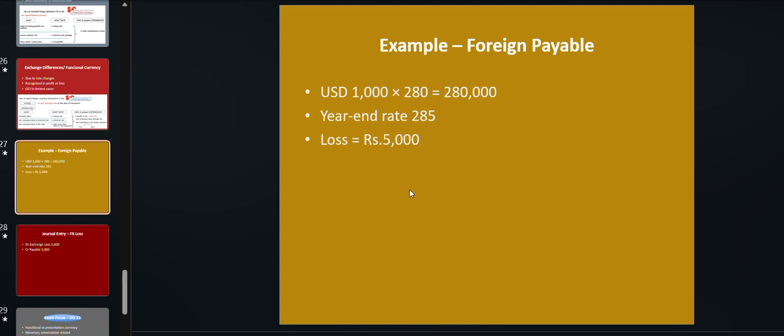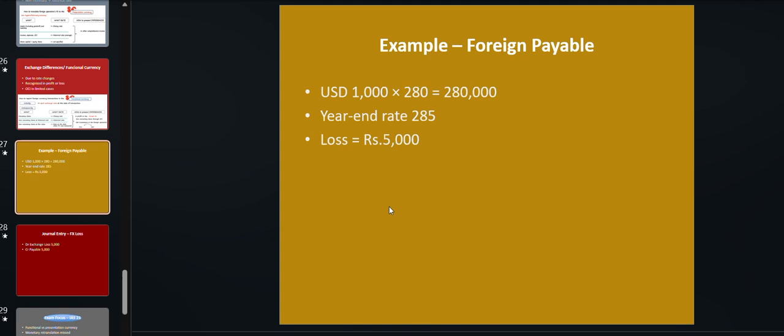So we record a liability of 280,000 rupees. At the year end, we observe that the rate has moved to 285 rupees per dollar. Now we have to revalue our debt: $1,000 multiplied by 285 is 285,000 rupees. Now our debt has increased by 5,000 rupees.